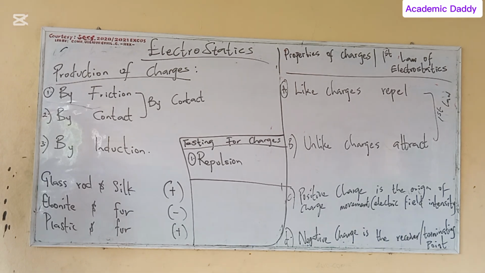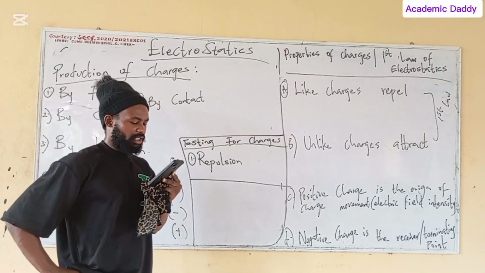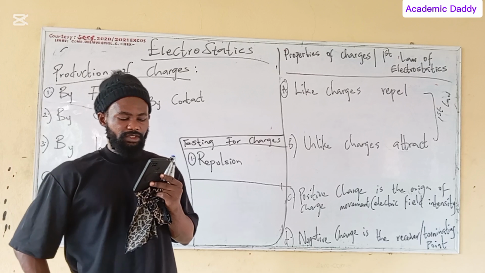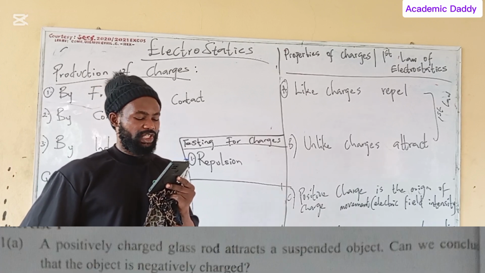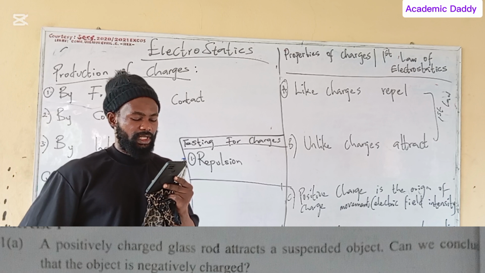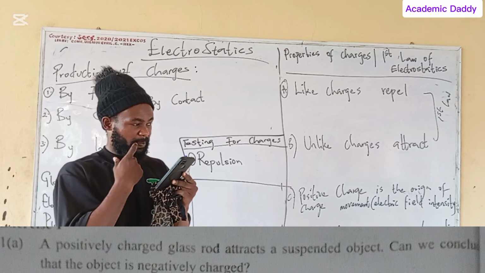So the question says a positively charged glass rod attracts a suspended object. Can we conclude that the object is negatively charged?